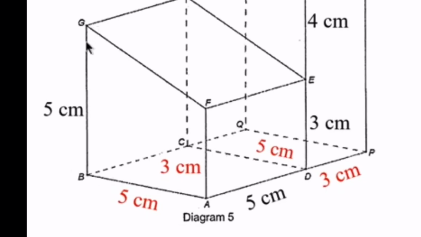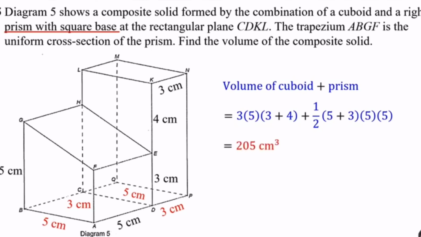And the distance between two cross-section areas is called height again, or we call it distance. So there is another height which is 5. So be careful, there are two heights there. Finally your volume for the combined solid or composite solid is 205 cubic centimeter.